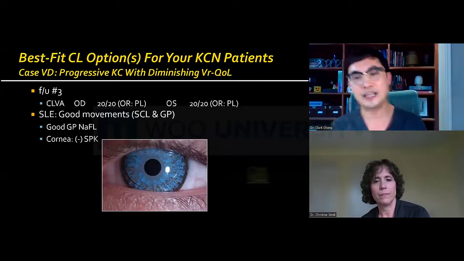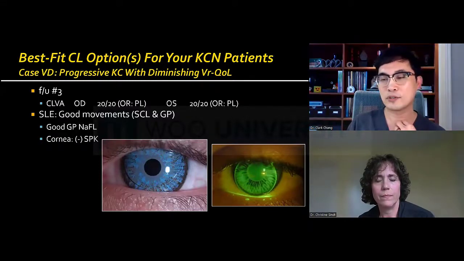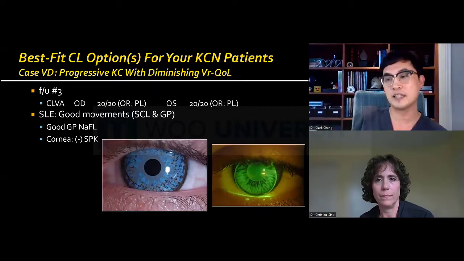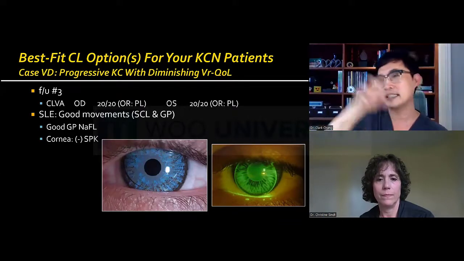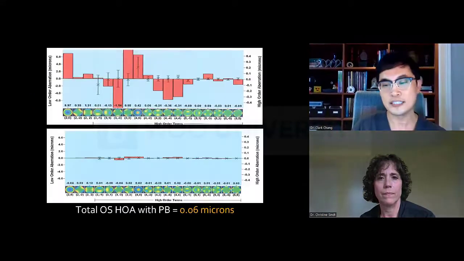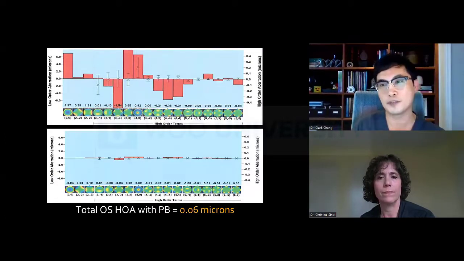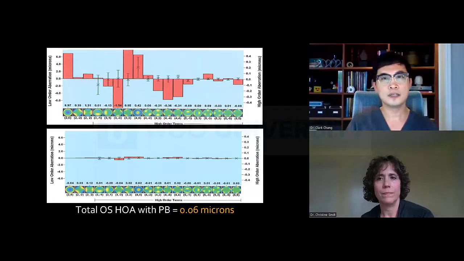So either way, I got him into it, and I would recommend, if you're doing piggyback, regardless of whether it's prosthetic, combined or not, to always do sodium fluorescein over both lenses to just make sure, and also after you remove the lenses, to make sure that if you do have touch, you're not seeing epithelial compromise in that area of the touch. Otherwise, you should alter your corneal GP base curve. You can see the difference in the higher order aberrations before and after the prosthetic piggybacking.